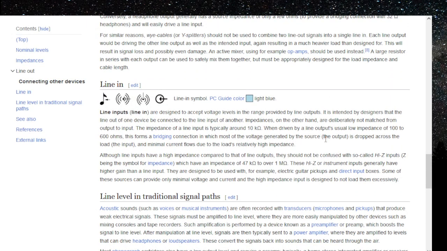Line input. We are connected to a mixer. Is that a line input source? I mean, it connects to a microphone jack, an RCA type jack.